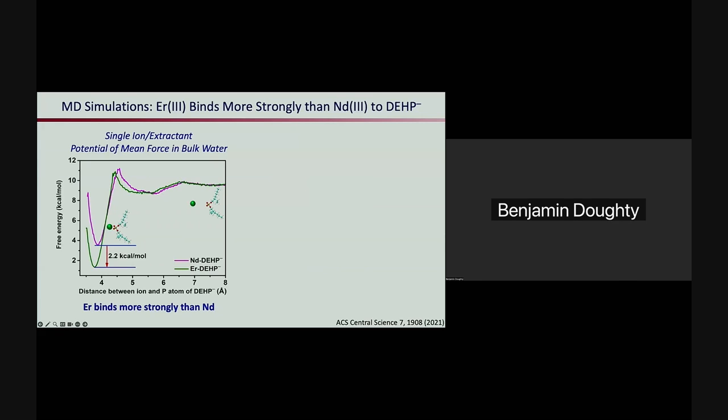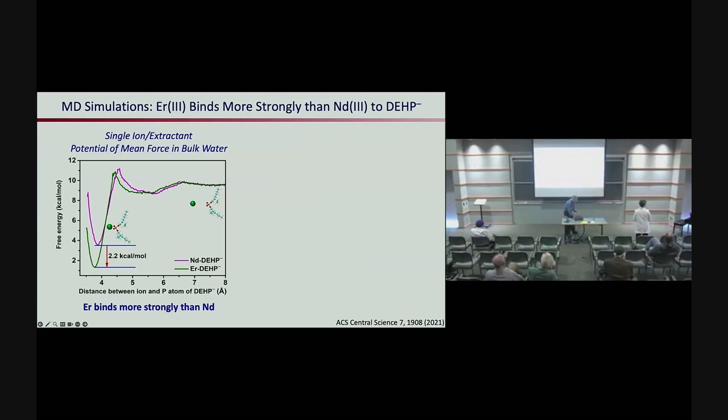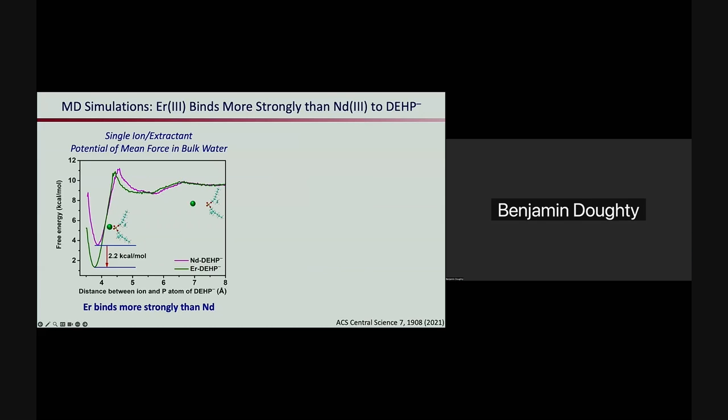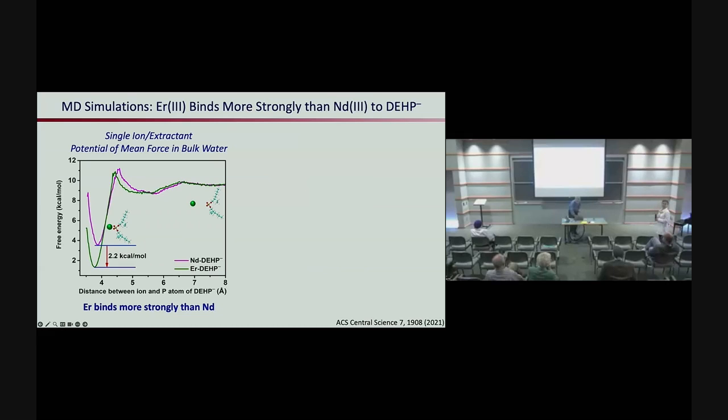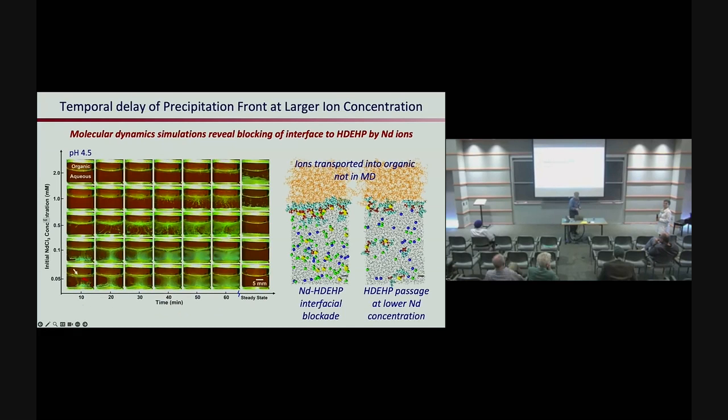I was wondering when you were explaining this blockade of these ligands at the surface, would that blockade not play a role in stopping the transport back through the interface? So you're asking if the blockade could prevent the ions from going into the organic phase?